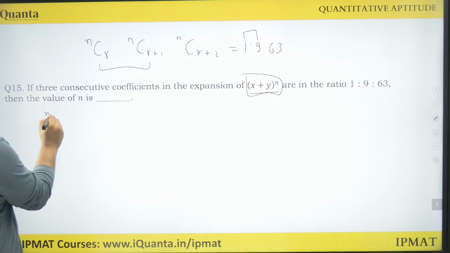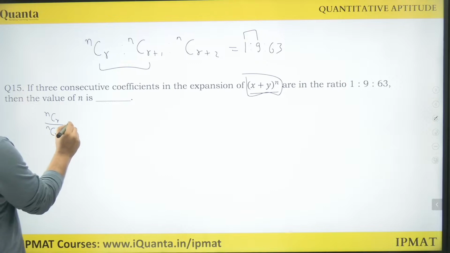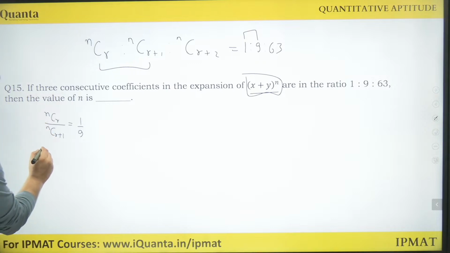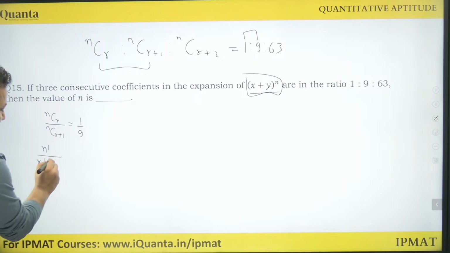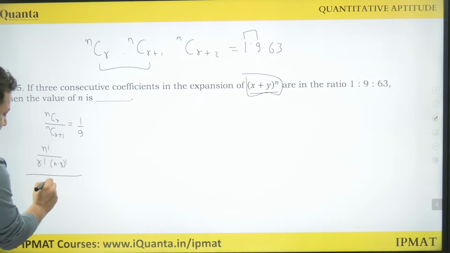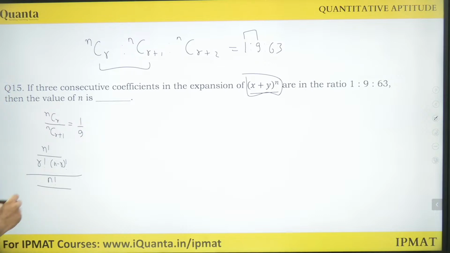So let's try to solve these two first by using the ratio 1:9. nCr upon nC(r+1) is given as 1/9. Let's expand this. nCr is factorial n upon factorial r multiplied by factorial (n minus r), whole upon factorial n upon factorial (r+1), which can be written as (r+1) multiplied by factorial r.